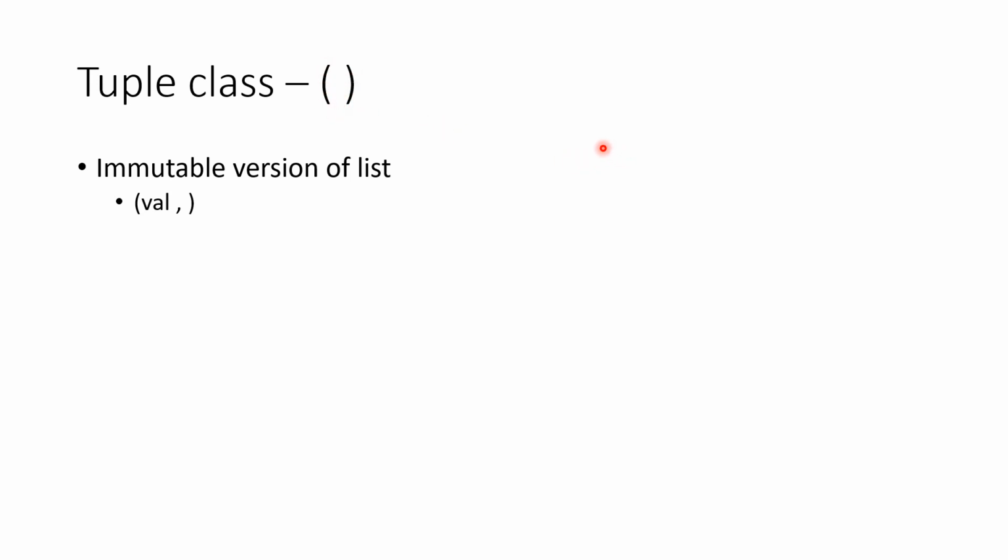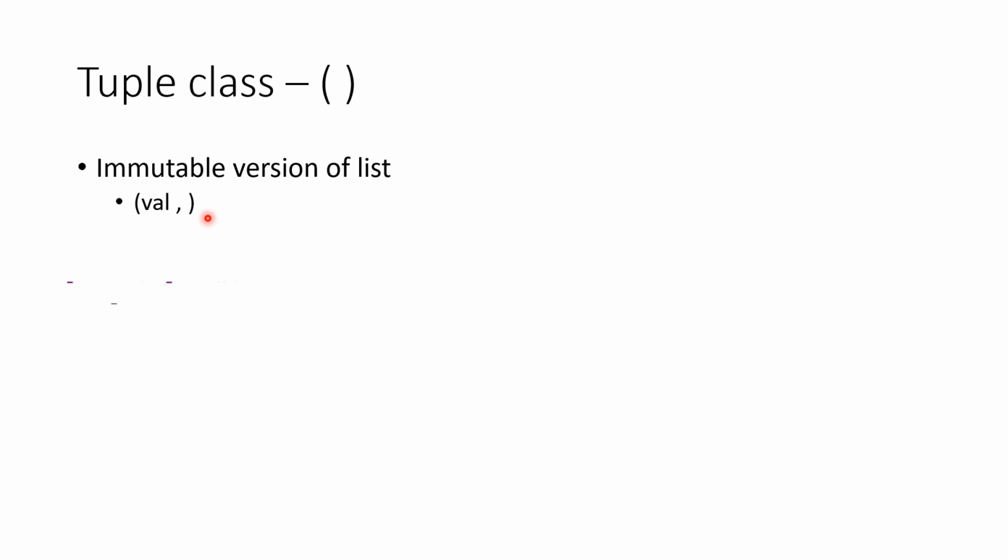But one more important thing is once the tuple is loaded, it cannot be changed. That's why it's called an immutable version of list. Okay. Now, if the tuple is going to have only one value, that needs to end with a comma. Even if it's one value, it has to end with a comma for a tuple.